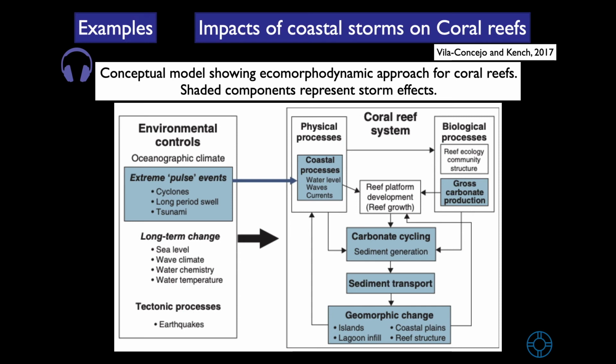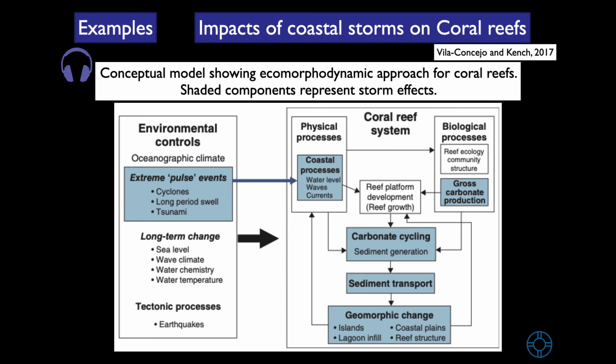Ecomorphodynamics provides a useful framework to examine how storm events can perturb the reef system, leading to fundamental shifts in ecological and geomorphic states. In particular, the framework highlights several aspects of reef dynamics that are critical to understanding storms' influence.